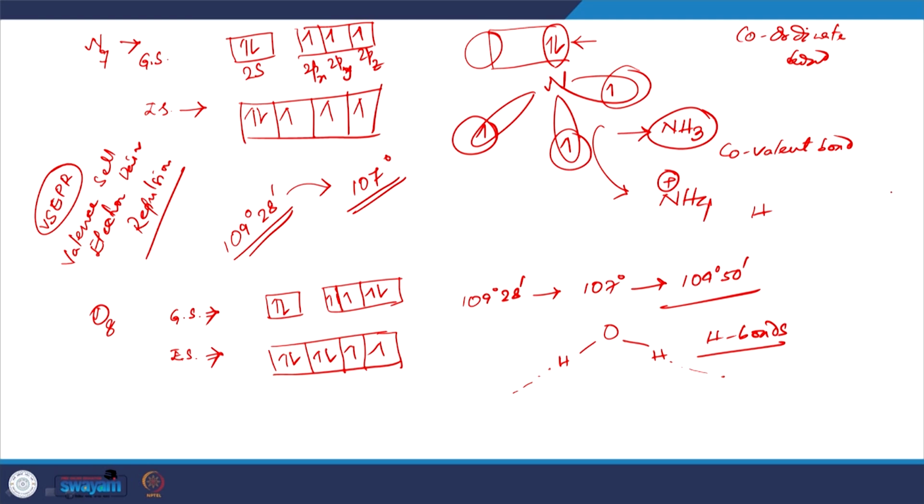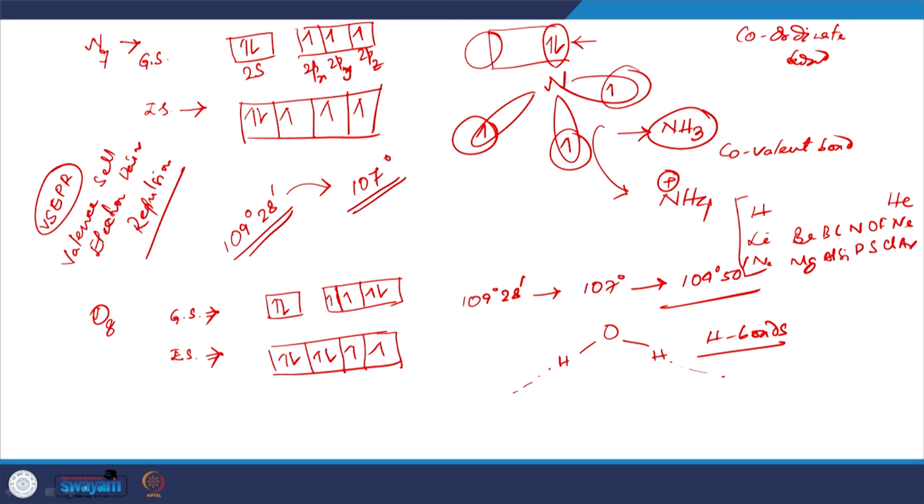Before finishing this part, I would also include, if you look at the periodic table, you will see that hydrogen, helium, lithium, beryllium, boron, carbon, nitrogen, oxygen, fluorine, neon, sodium, magnesium, aluminum, silicon, phosphorus, sulfur, chlorine, argon.